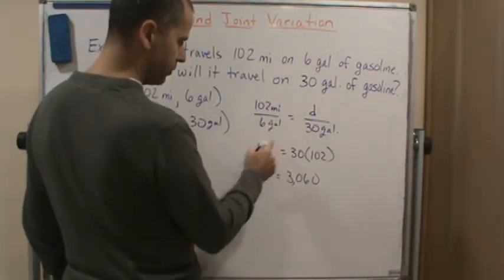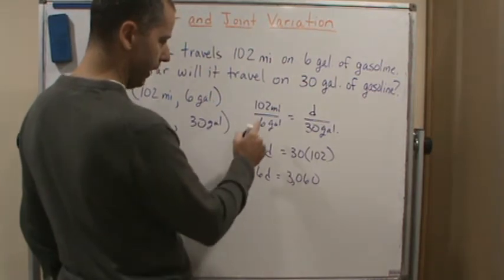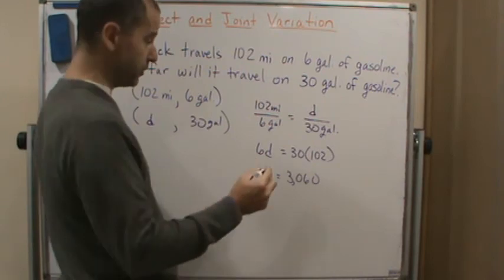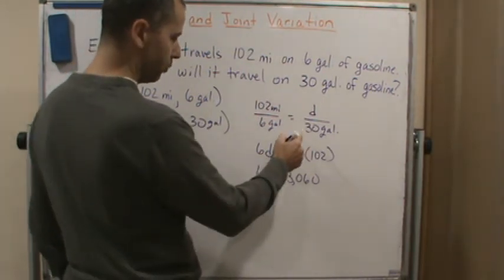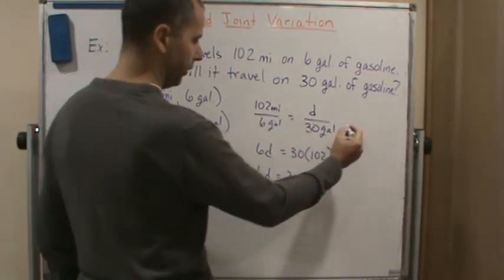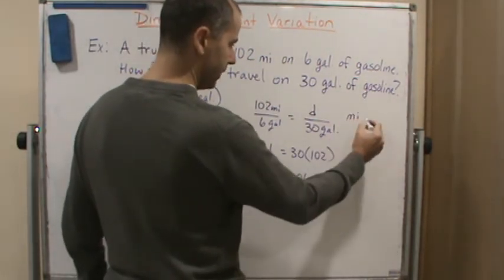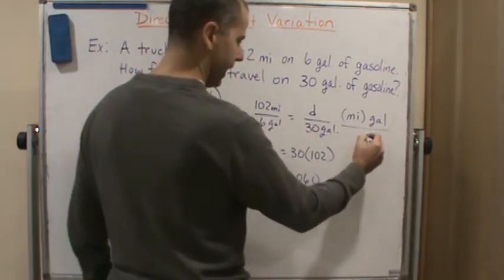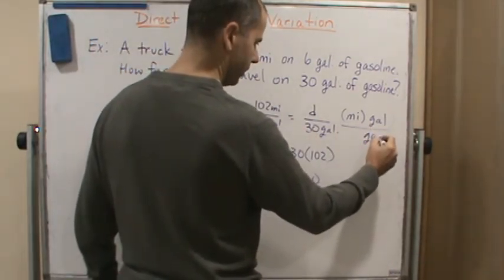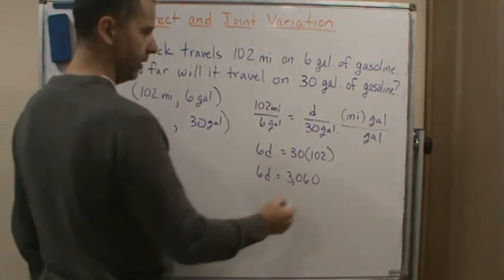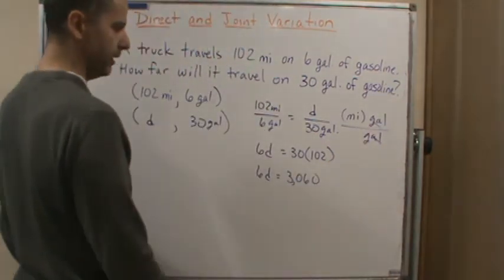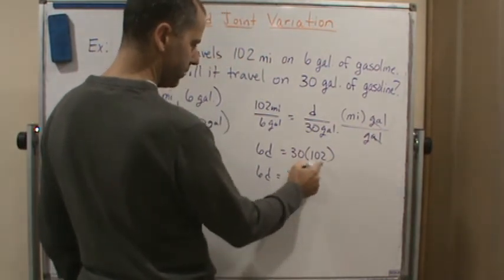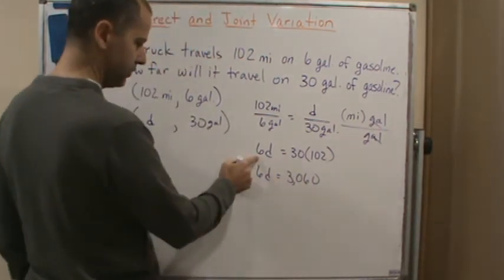Make sure you do your dimensional analysis, because when you cross multiply, you're going to have miles times gallons over gallons. That's eventually what you're going to get. So the gallons are going to cancel out and you get miles.